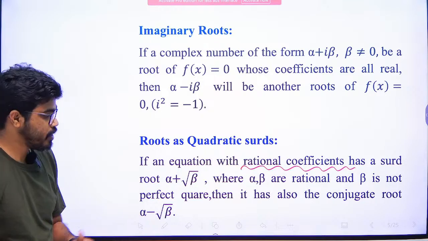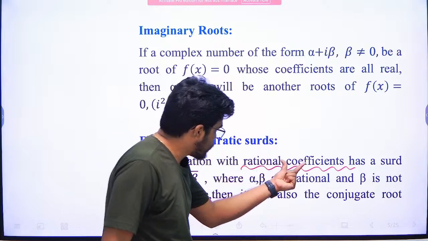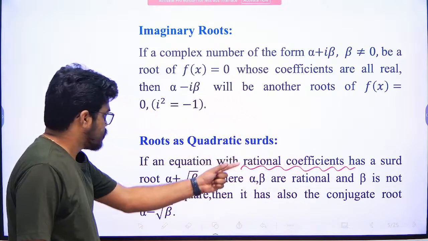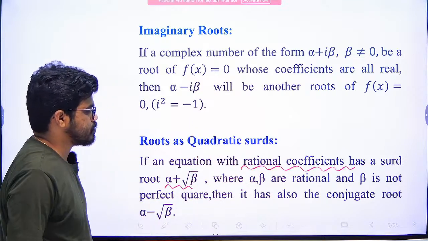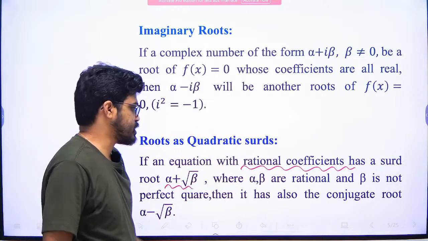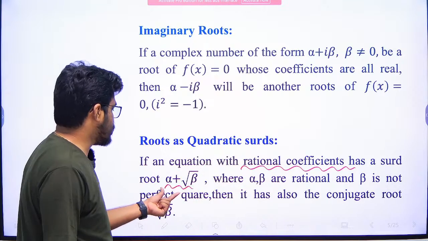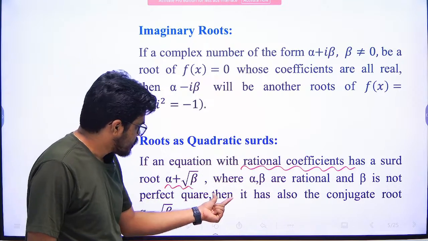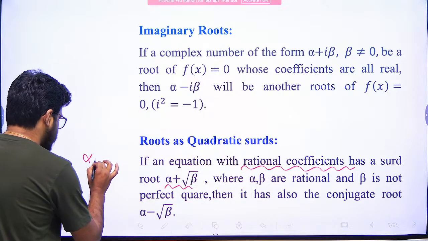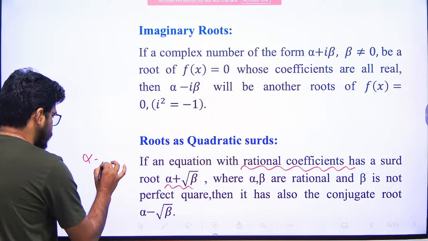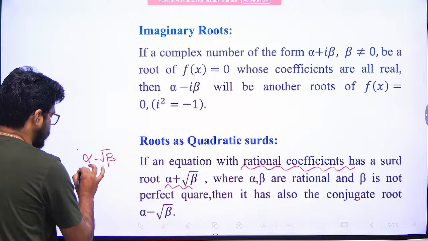Even if they are natural numbers, the result will not hold. If an equation with rational coefficients has a root alpha plus root beta, where alpha and beta are rational numbers and beta is not a perfect square, then it also has the conjugate root alpha minus root beta.